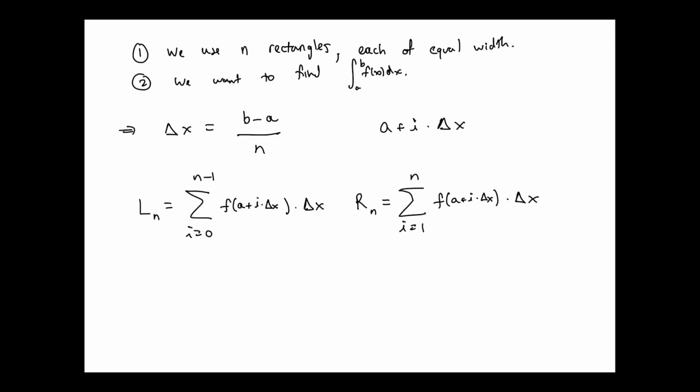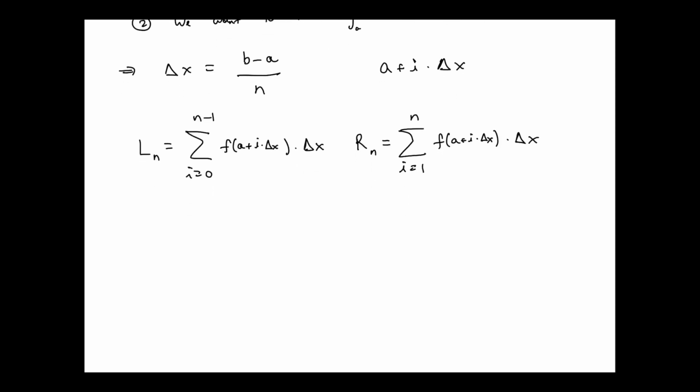And the second thing is, if I think about the relationship between these sums, these sums are approximations of something, right? So each of these is squiggly equal to this.